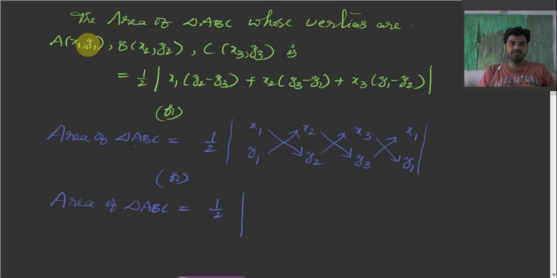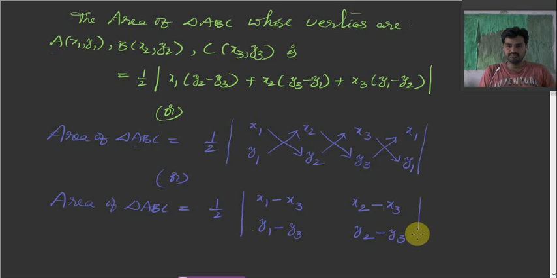Now the remaining 2 points are A and B. In these 2 points you write the x coordinates x1, x2, and in the same way in the second row y1, y2. The fixed third point is x3, y3. The x coordinate of the point C, x3, is subtracted from the x coordinates, and in the same way y3 is subtracted from the y coordinates.